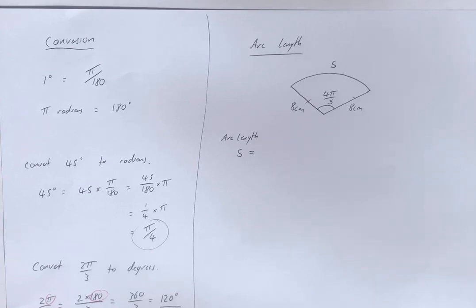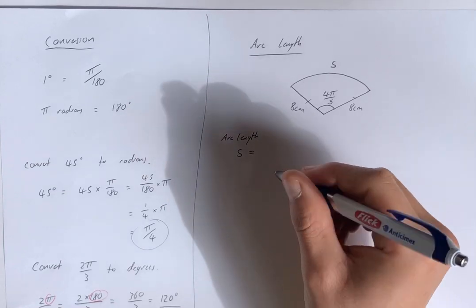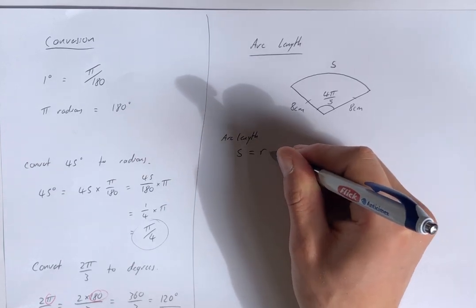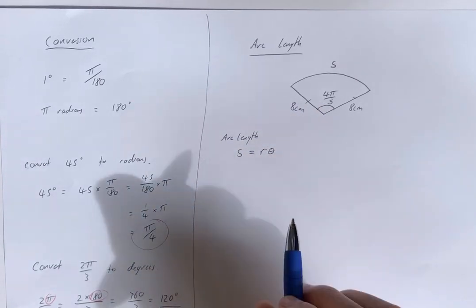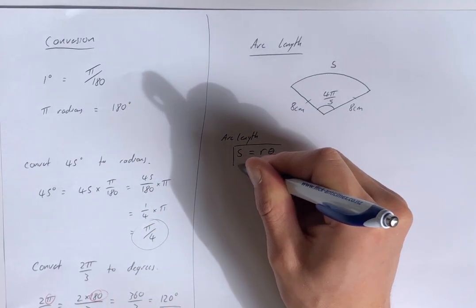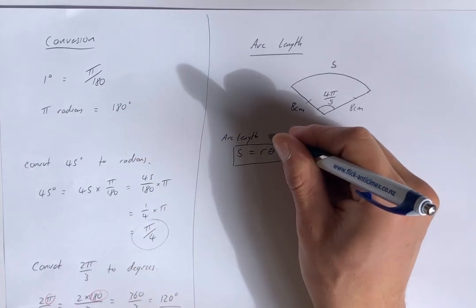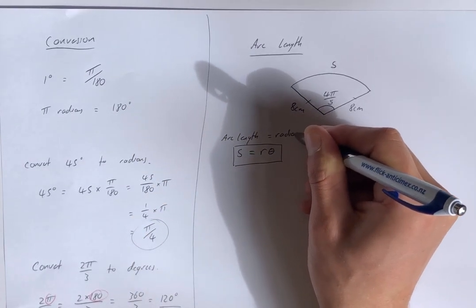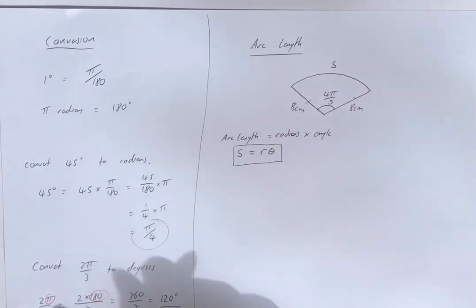But if I was going to get that, then the arc length is actually equal to the radius times the angle. That's why this radian measure is so nice. Arc length is just radius times the angle in radians.